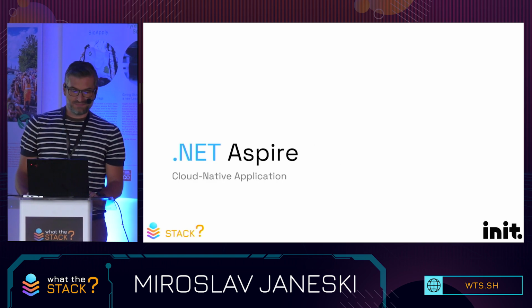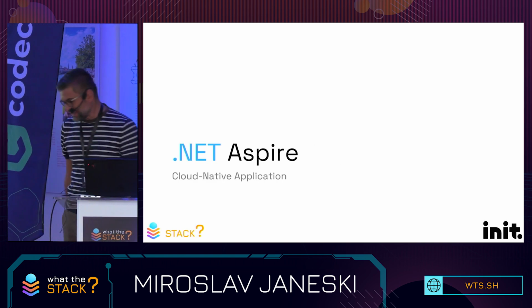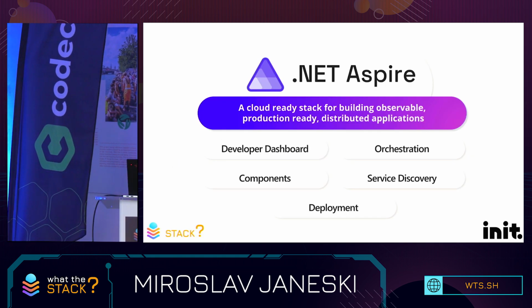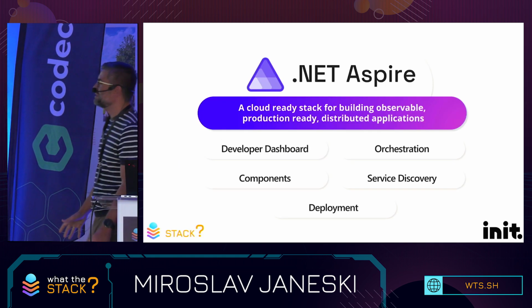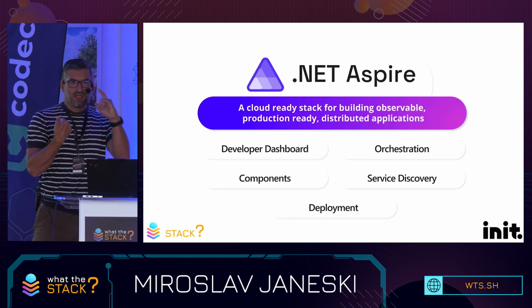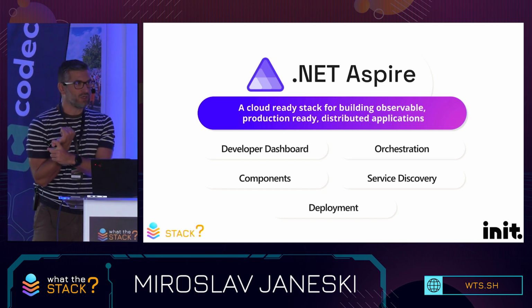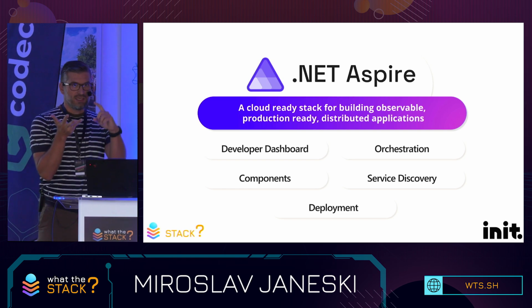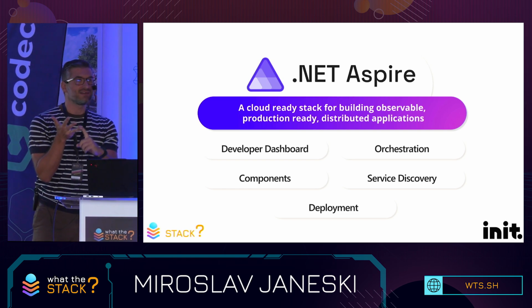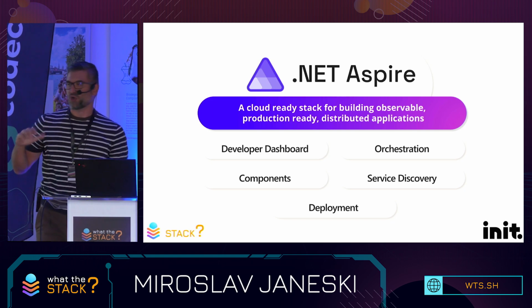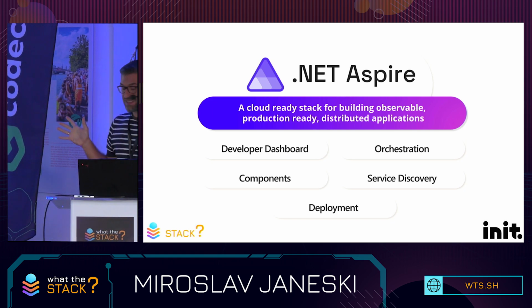Now we come to the possible solution, .NET Aspire. .NET Aspire is a cloud-ready stack for building observable, production-ready distributed applications. .NET Aspire is not a framework, it is not an SDK, it's not a runtime API like Dapr, it's not a single library, it's all of this. So that's why it's called a stack.